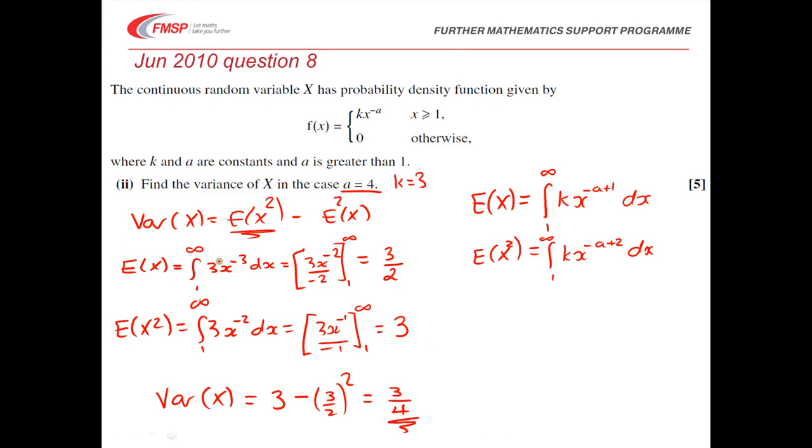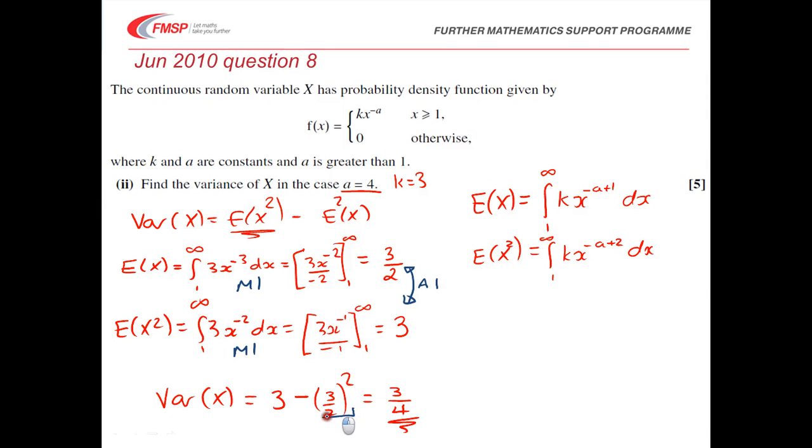Okay, so quite a lot of work for this question. So let me just change my colour and I'll show you where all your marks are given for this. You're going to get 1 mark for doing the integration for E of x. You're going to get 1 mark for doing the integration of x squared, so you're working out E of x squared in that context. You're then going to get 1 mark for getting either of these correct, and that will be an accuracy mark.